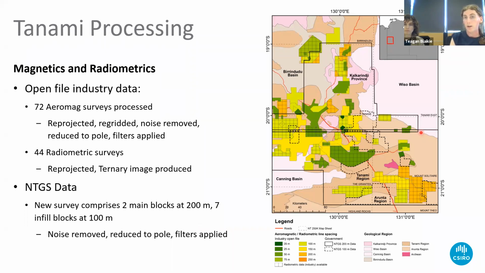And within that, there are several areas of 100-metre line-spaced infill, which were sponsored by industry. In addition to that, there's over 70 aeromagnetic surveys that have been acquired by industry that are open file and of equivalent or higher resolution to the newly acquired survey.